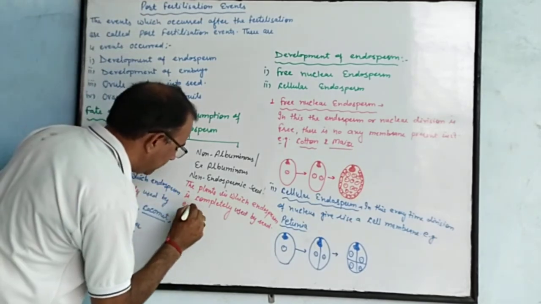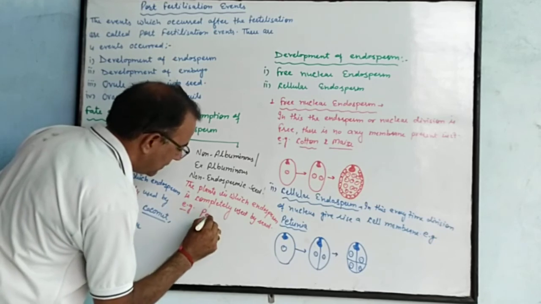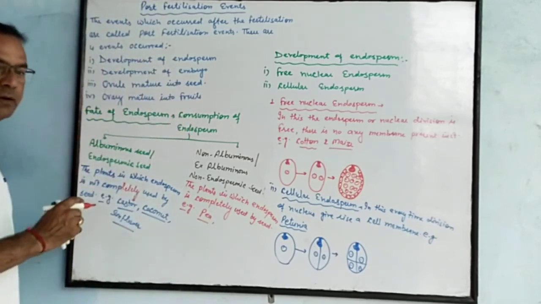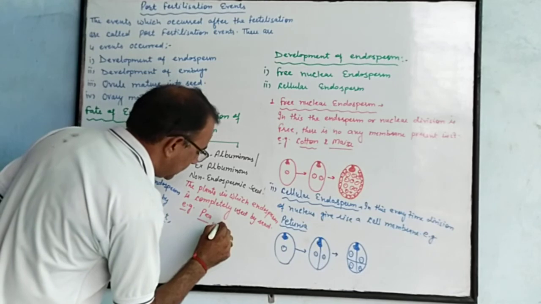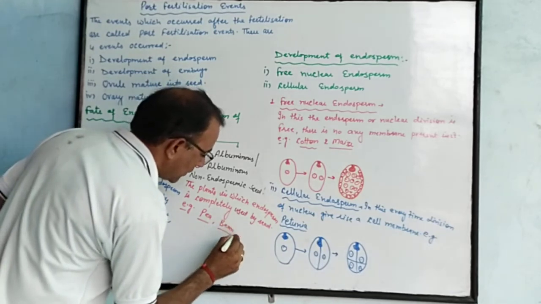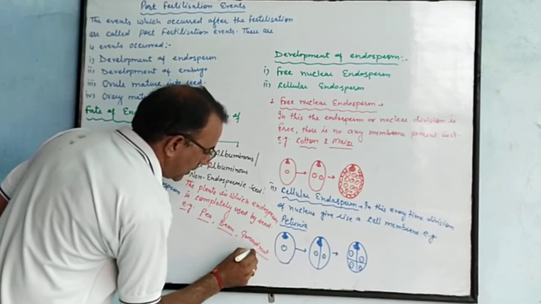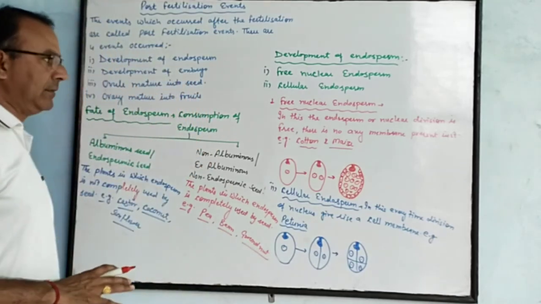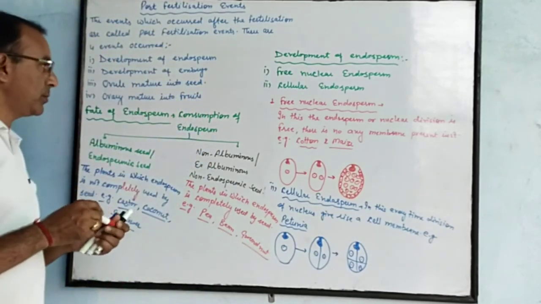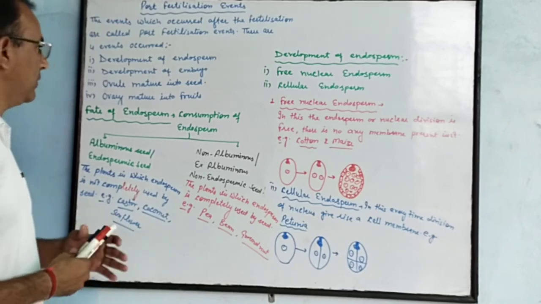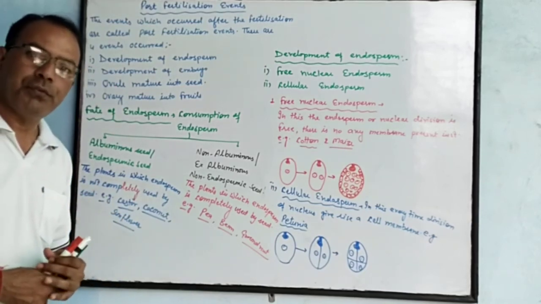For example, pea, as well as bean and groundnut, in which endosperm is completely used by the seed. This is the development of endosperm. In the next part we will discuss development of embryo.